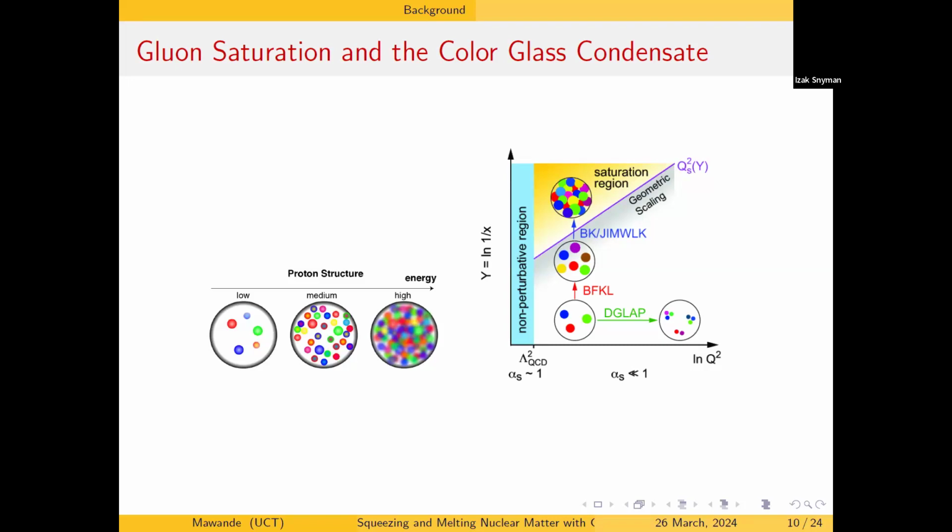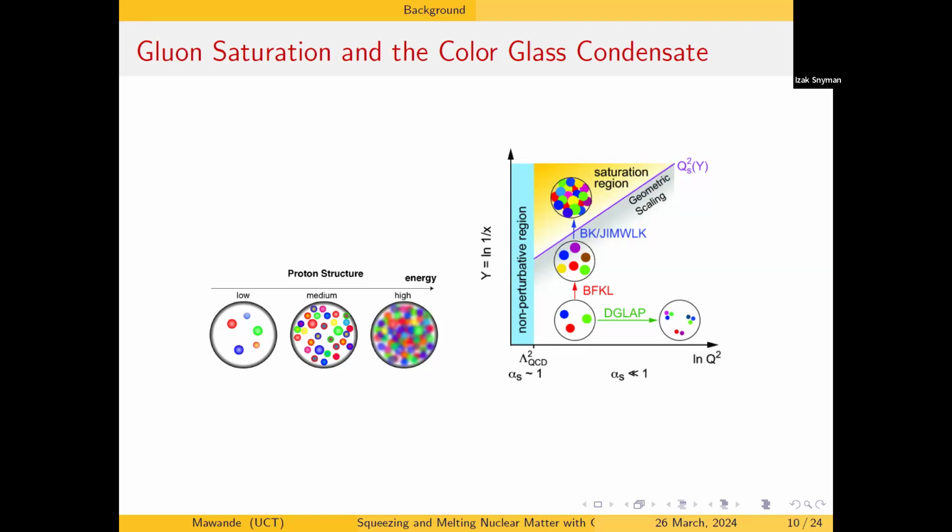If you fix the transverse momentum transfer and ramp up the energy, there will be a specific energy where the cross section levels off. That's when you've saturated the nucleus with gluons of a given apparent transverse size.